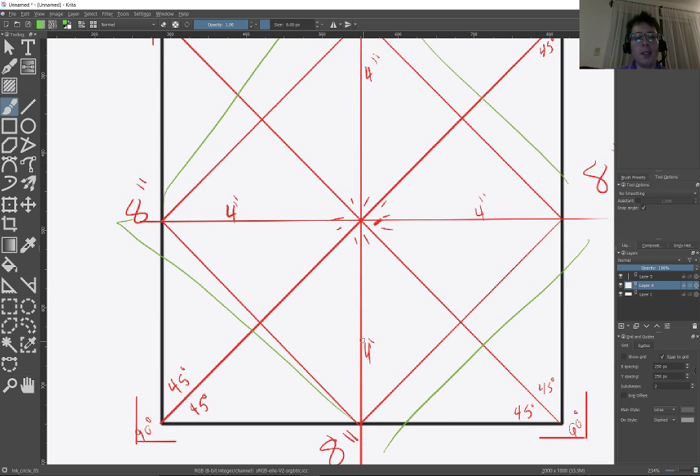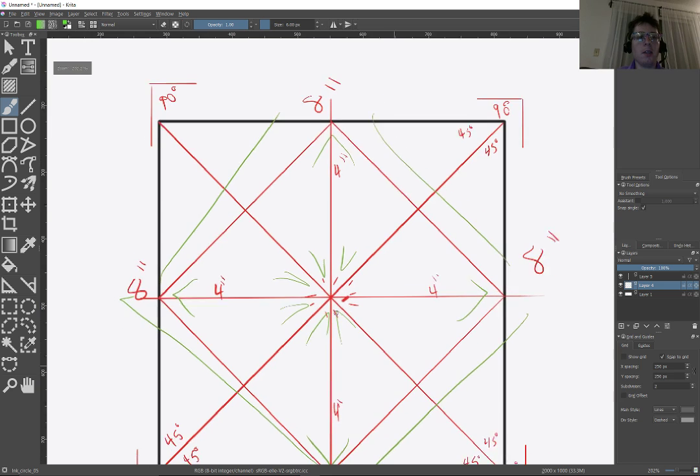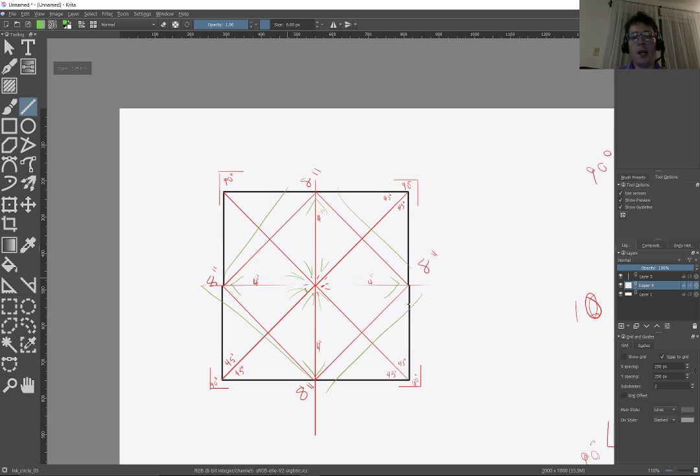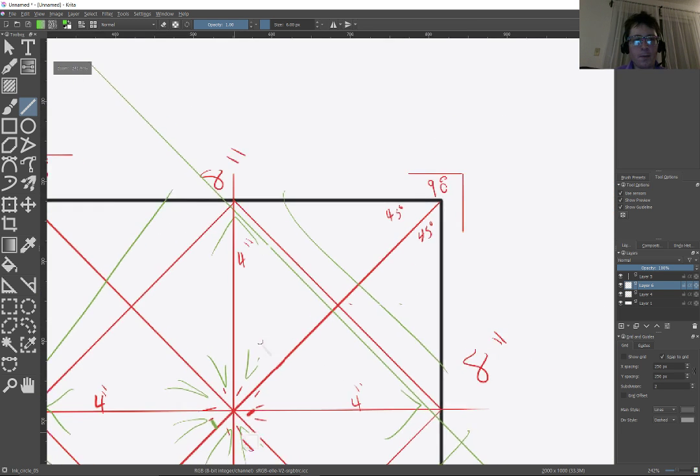And again, we're going to constantly get 90-degree angles this way, 45-degree angles like here. And another thing that's really, really important is imagine we had a line that was just over here.